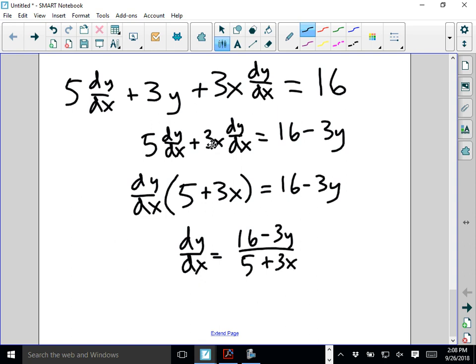Well, I look for x's, I look for coefficients, I look for y's. There's not a single number that divides all of these. They don't all have the same variable throughout. Therefore, I can leave my answer as 16 minus 3y over 5 plus 3x. Good, let's take a look at another one.